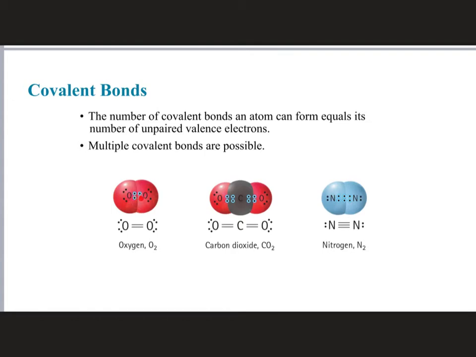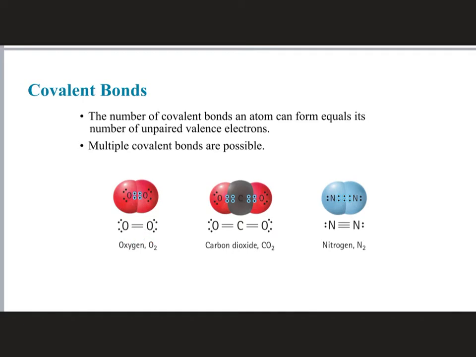And so these 2 guys are sharing and these 2 guys are sharing. Now, the shells are not filled up all the way to 8, but the fact that these 2 guys are both equally forming bonds makes for a stronger bond. And so oxygen forms O2, which is made by a double covalent bond.